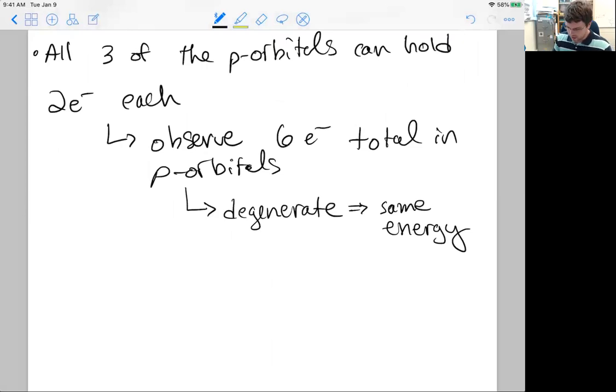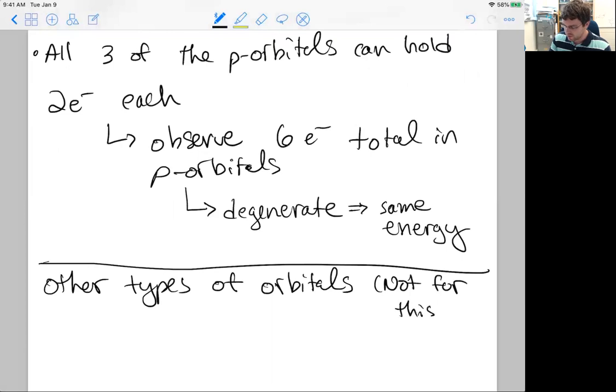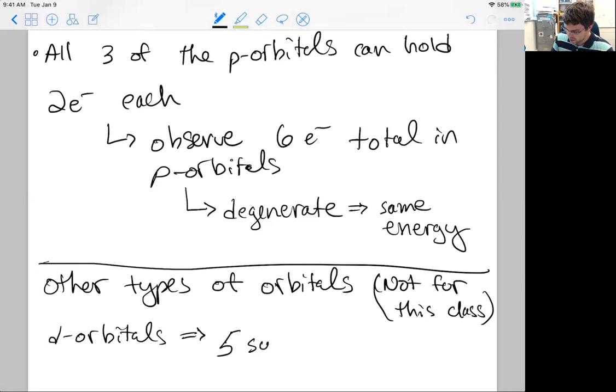Okay. So what about the other types of orbitals? Moving beyond the s and the p orbitals, I'm not going to make you worry about this for this class. That'll be the topic of inorganic chemistry and structures and reactivity. We have the d orbitals, and these have 5 suborbitals, or they can house 10 electrons in the full d orbital system.